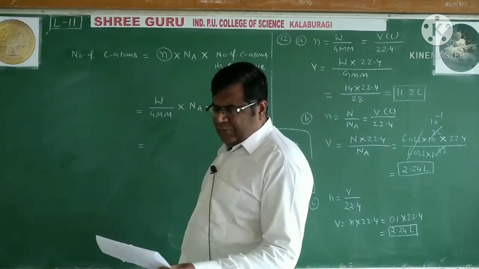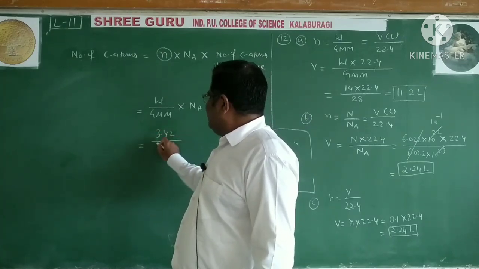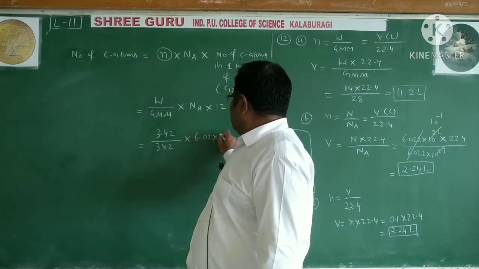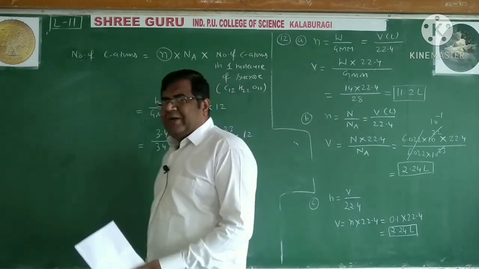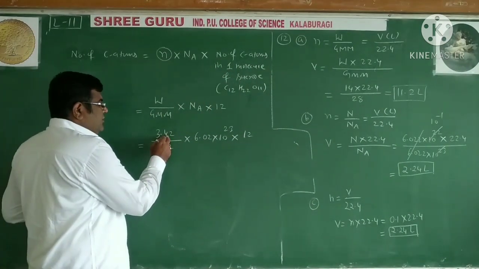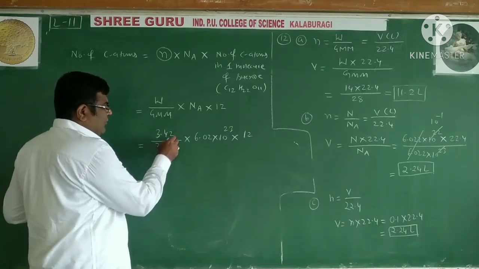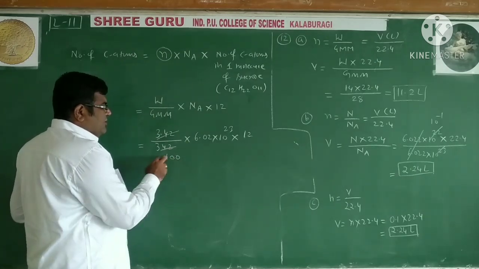So mass of sucrose is 3.42. Gram molar mass is 342. 6.02 into 10 raised to 23 is Avogadro number, multiplied by 12. So this is 3.42 multiplied by 100 is 342. This is 100, so this is 10 raised to plus 2.